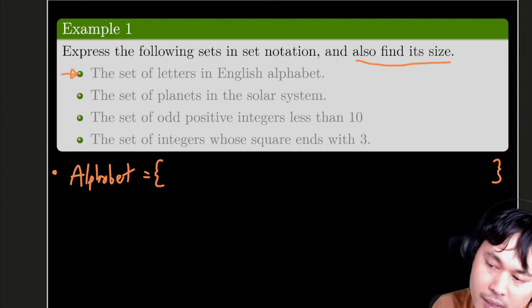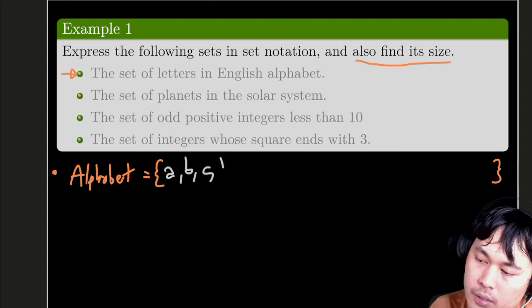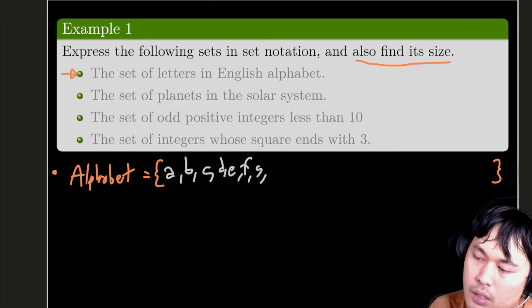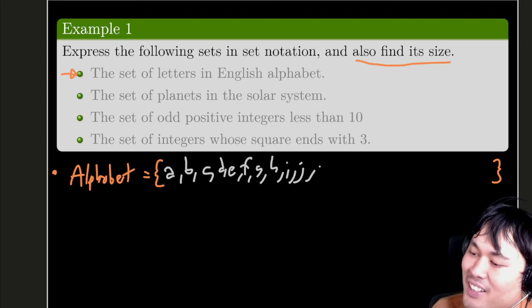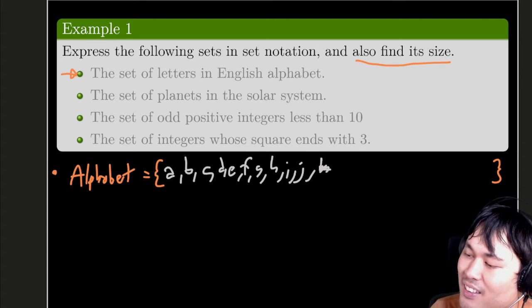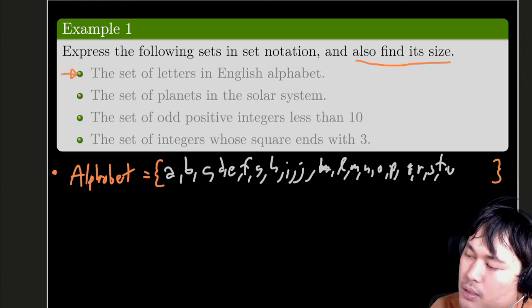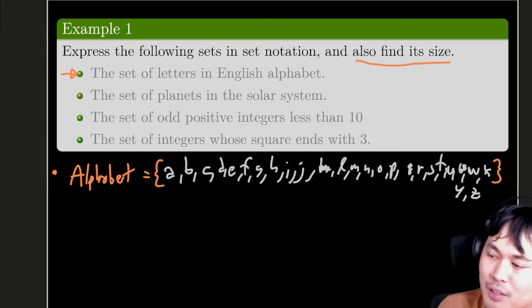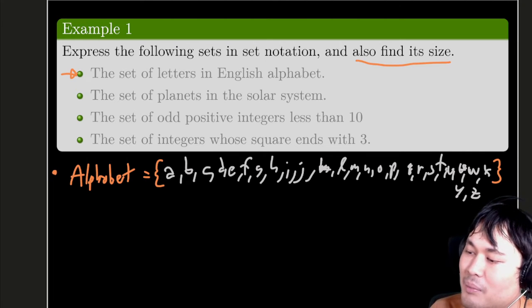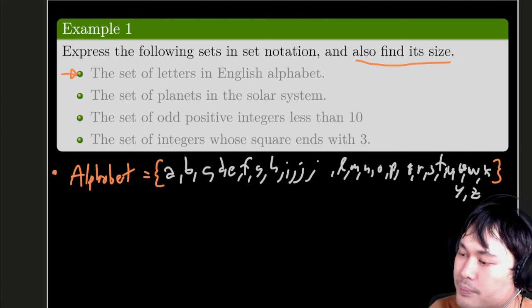And then we simply list them all: A, B, C, D, E, F, G, H, I, J, K, L, M, N, O, P, Q, R, S, T, U, V, W, X, Y, Z, and I guess that's all. Let me know if you can find something else.